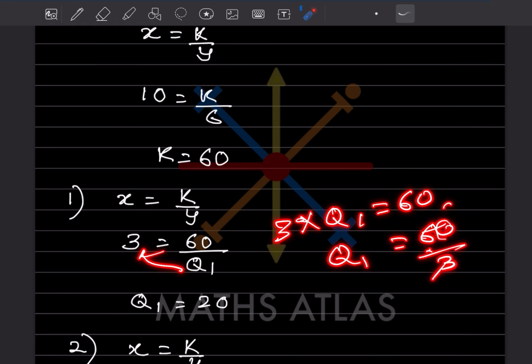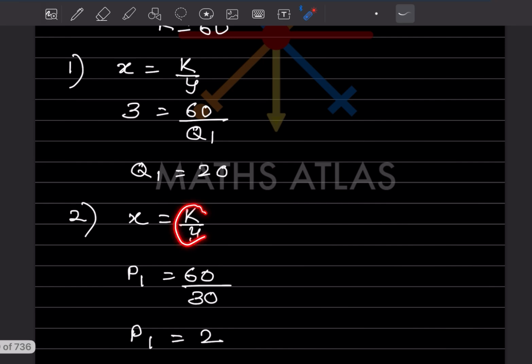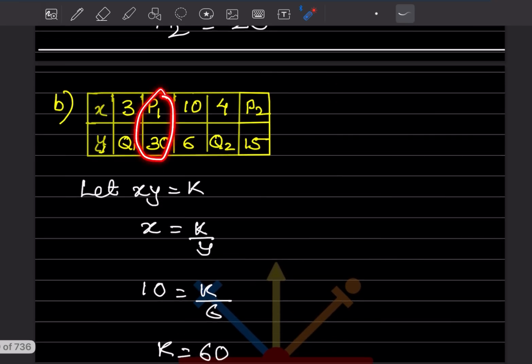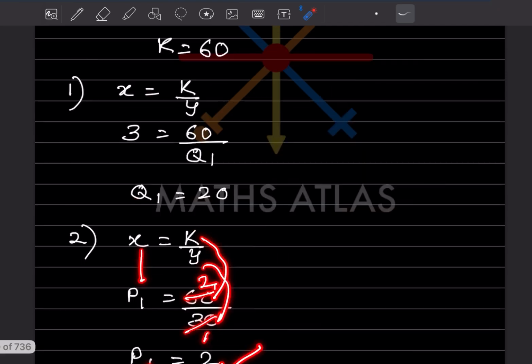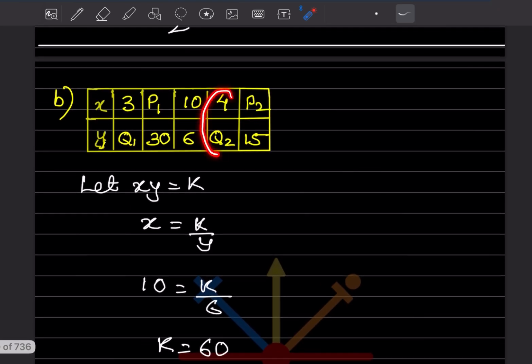So that is going to be 20. So q1 is 20. Again here x by q1, now we will see here p1 and 30. So this is P1 and this is 30. And this K value as 60, we already have it. So P1 will be 3 1s are 3, 3 2s are 6. So P1 is 2.